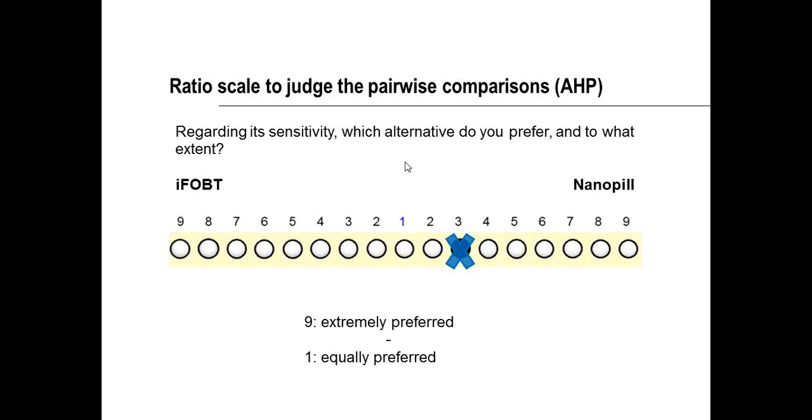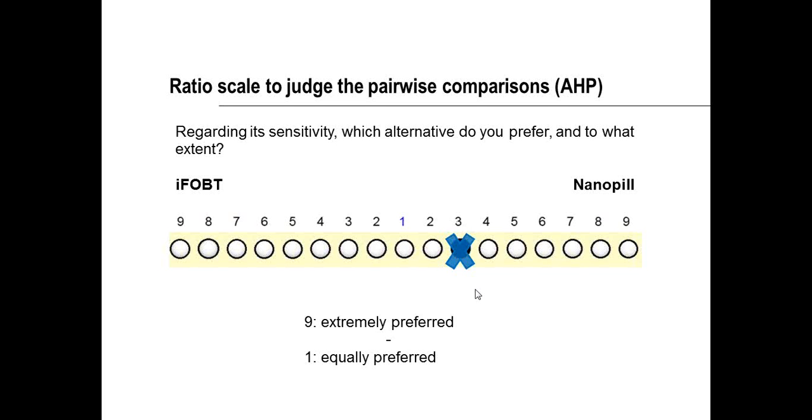The AHP is actually a ratio scale. So if you would give the score of 3, then when calculating the different weights, the priority of the nanopill would be 3 times higher than the priority of the FOBT.